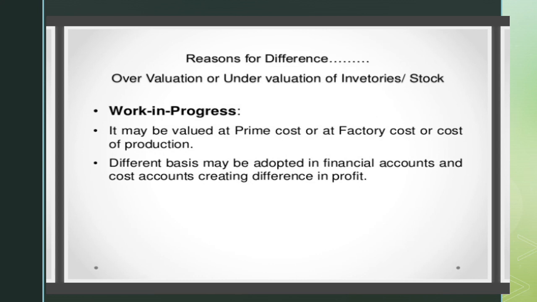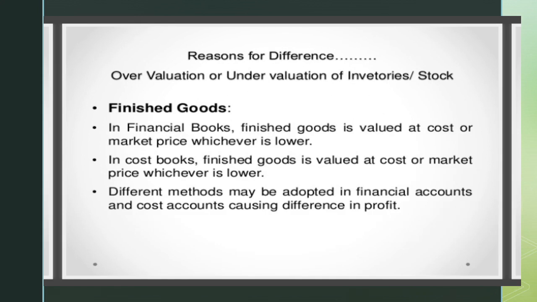Work in progress may be valued at prime cost or works cost. Finished goods are generally valued on the basis of cost of production. Thus, the adoption of different methods of valuation of stocks leads to difference in profits of two sets of accounts.